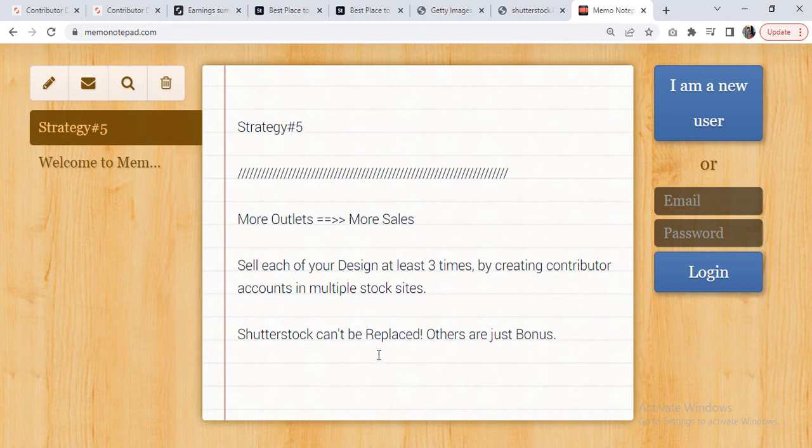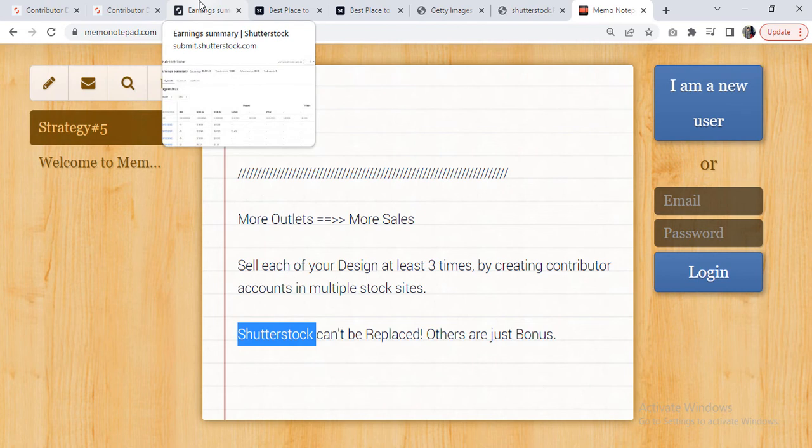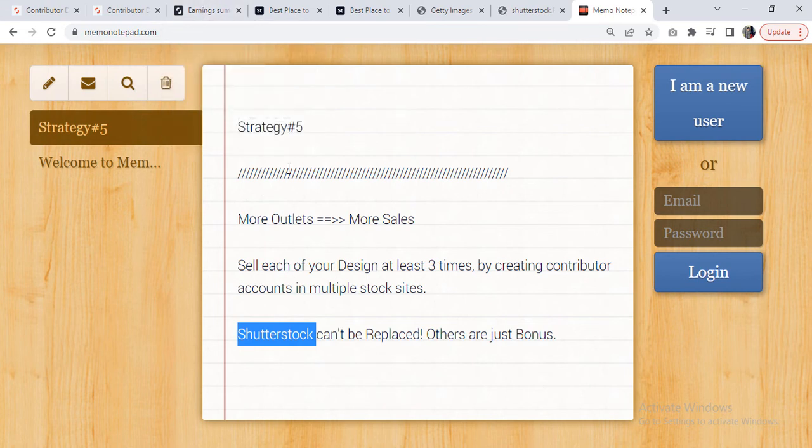After comparing these sites, I've been able to validate that the earning potential of Shutterstock is way more than other websites. Even if I sell the exact number of images on other sites, I have personally experienced that the average number of downloads each month or each day is way lower compared to Shutterstock.